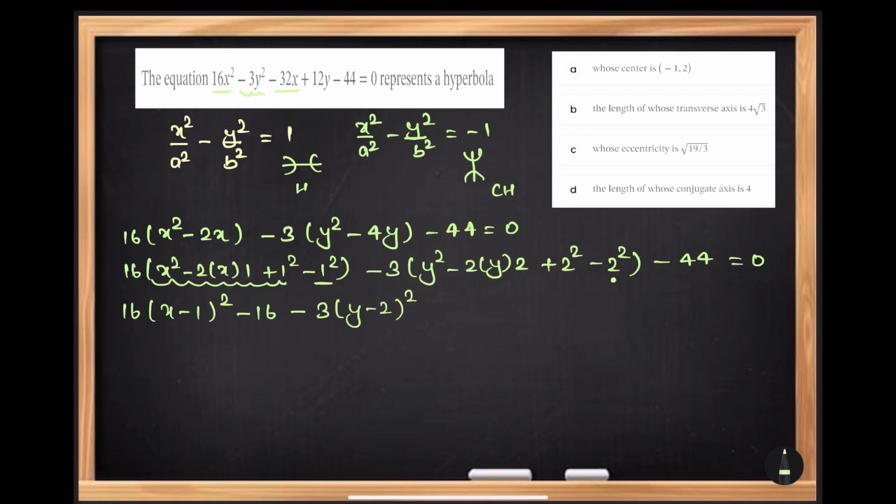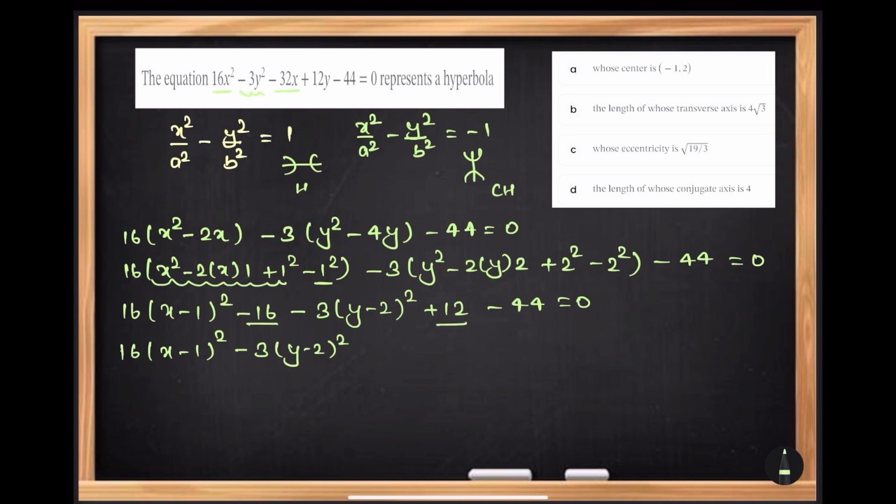This is minus 4, and this is minus 3, so minus 3 into minus 4 becomes plus 12, minus 44 equals 0. So we have 16 (x minus 1) whole square minus 3 (y minus 2) whole square.